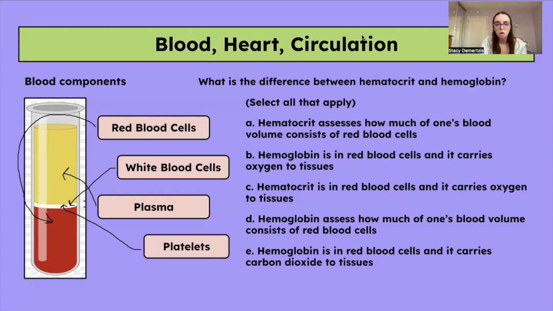So I want you all to tell me, what is the difference between hematocrit and hemoglobin? 2 really important concepts in blood, but they're a little bit different from each other. This is another select all that apply type of question. Just tell me what the correct statements are here.